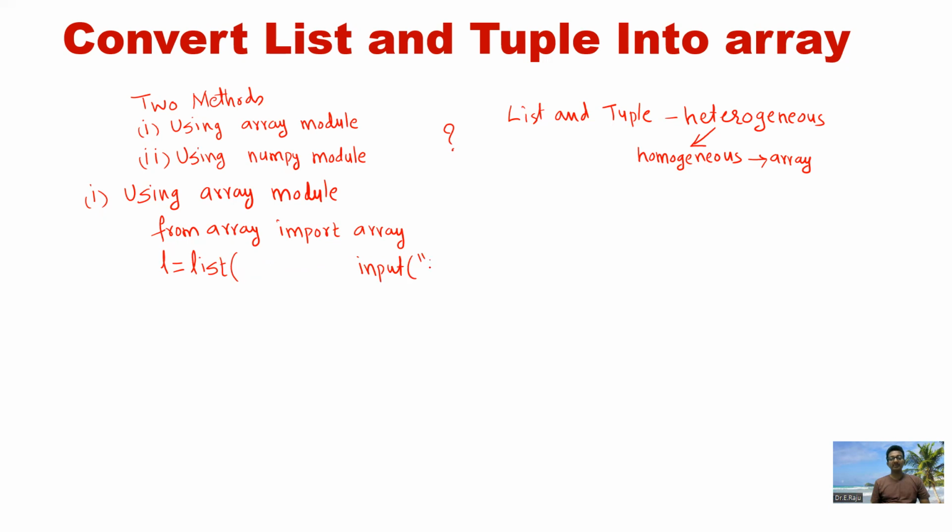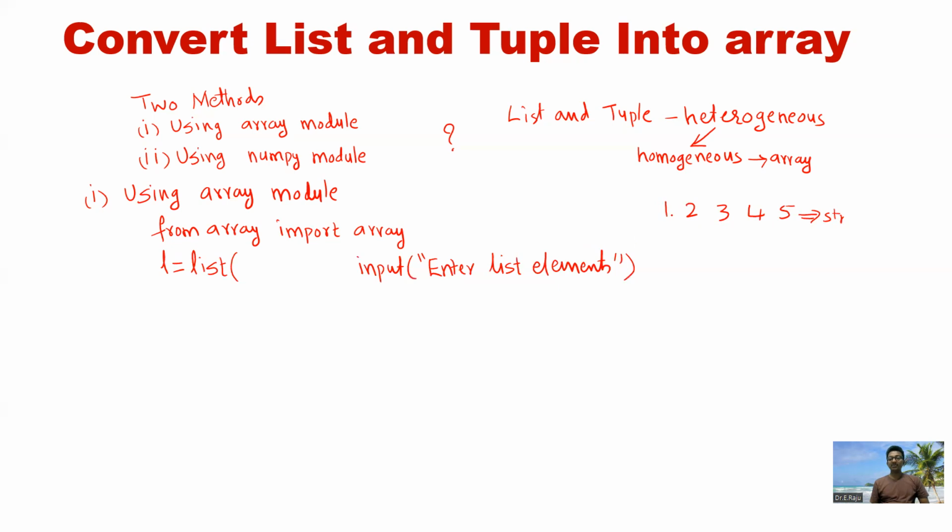In the input function, we ask the user to enter list elements. Assume that the user enters the list elements in this manner: 1, 2, 3, 4, and 5. This input method reads the entire thing as a string.